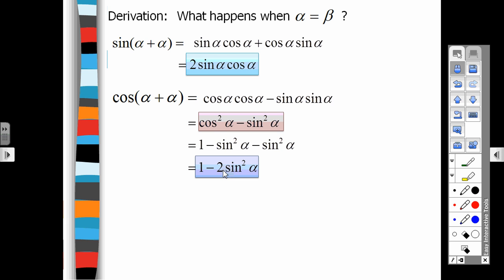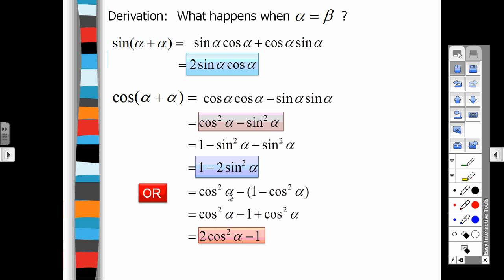The second alternate expression goes back to this original one, and instead of replacing cosine squared, we're going to replace sine squared. If you recall, sine squared is 1 minus cosine squared. So that turns into cosine squared alpha minus the quantity of 1 minus cosine squared alpha.